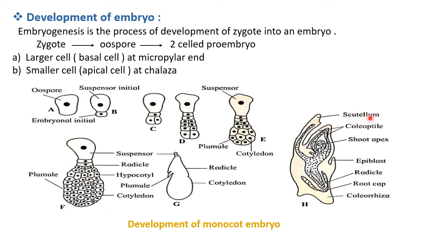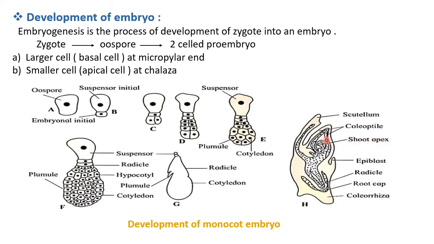Then at the lower side, coleoptile is present. Below the scutellum, coleoptile is present, and inside the coleoptile, plumule is present. So the function of coleoptile is to protect the plumule. Later on, plumule develops into shoot apex.